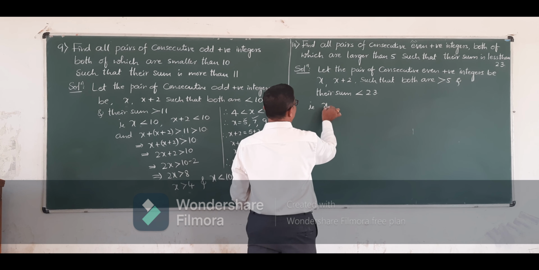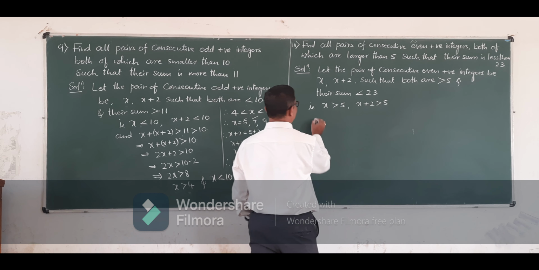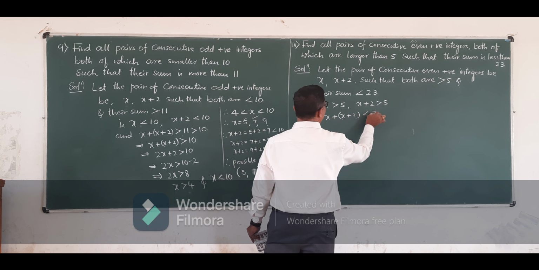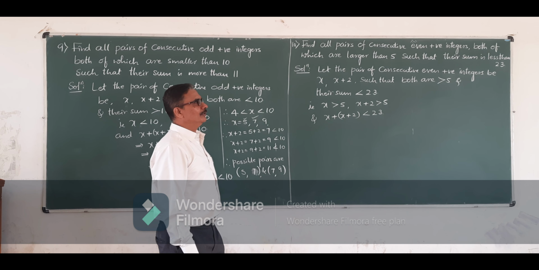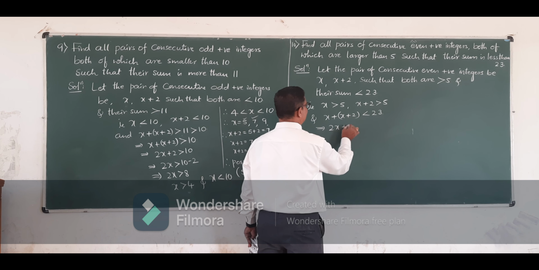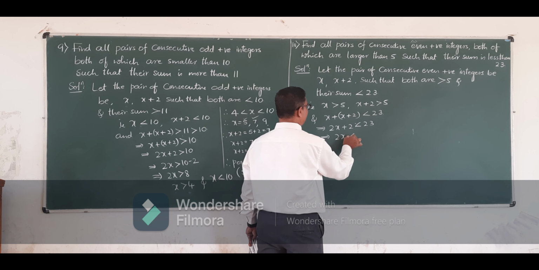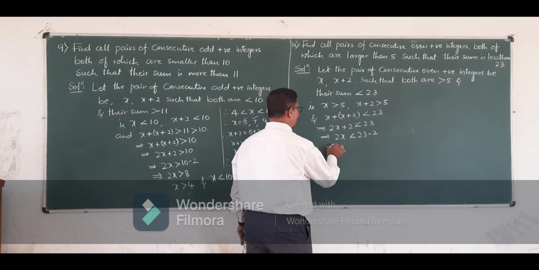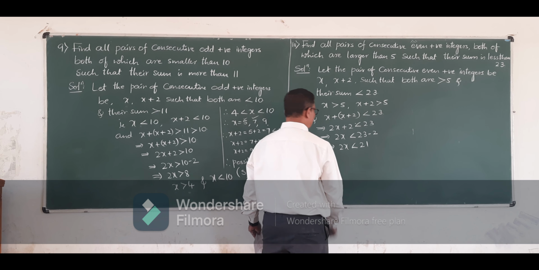That is x is more than 5, x plus 2 more than 5, and their sum x plus x plus 2 is less than 23. Now to find the even positive integers, this implies simplifying: x plus x, 2x plus 2 less than 23, implies 2x less than 23, the 2 goes to the right side, minus 2, so 2x less than 21, divided by 2.